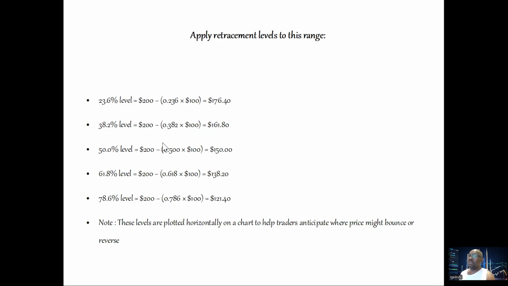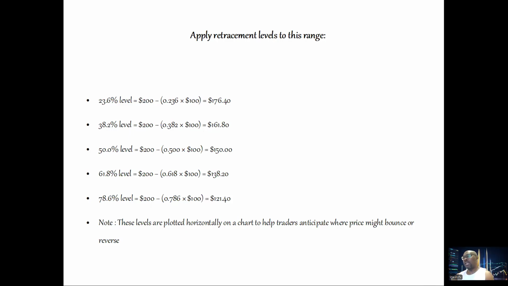Now, let's do it together again so that you will understand. With BODMAS, you need to first multiply the one that is in the bracket. You say 0.382 times 100.